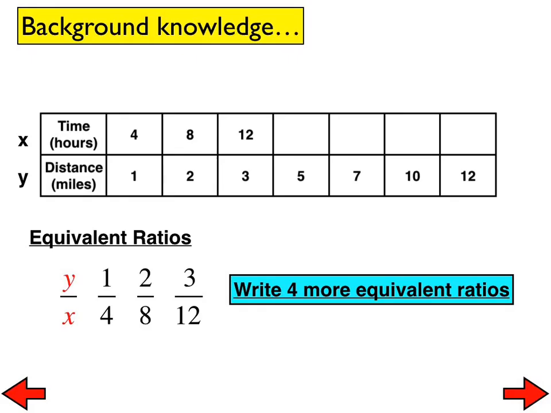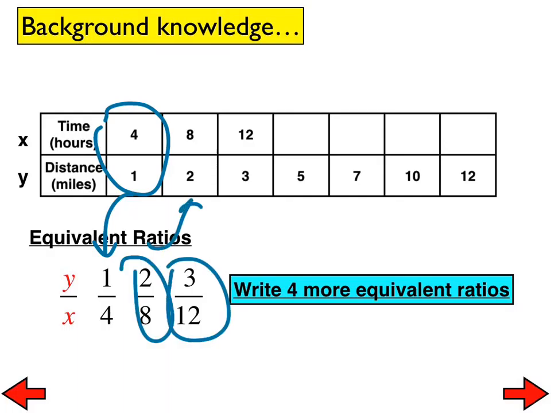There's some missing values. They are values that were all coming from these ratios. This is y over x, y over x, y over x. Go ahead and fill in the rest of that table. This 3 over 12 came from this ratio. Sorry, I said it upside down. 3 over 12.